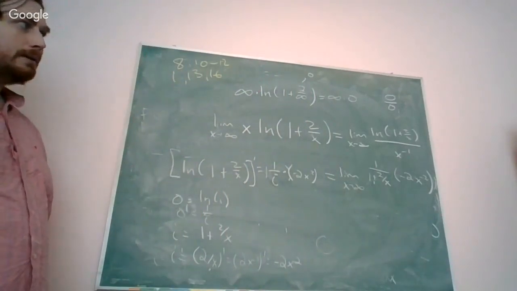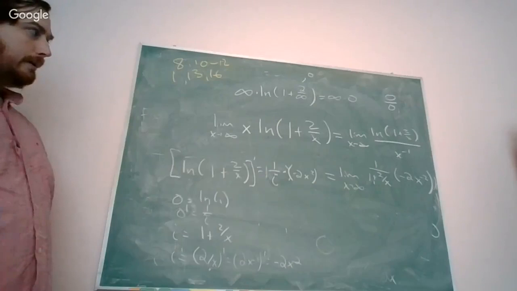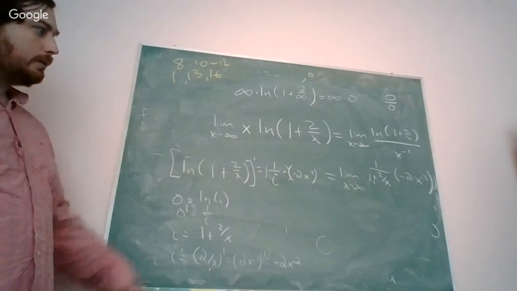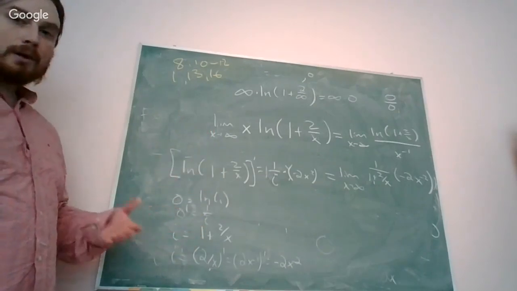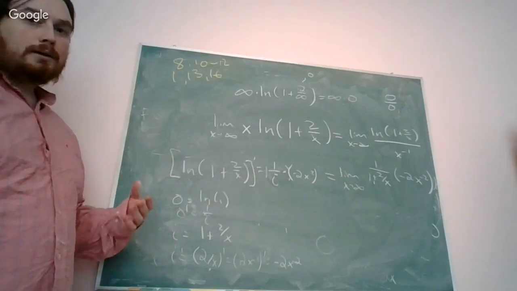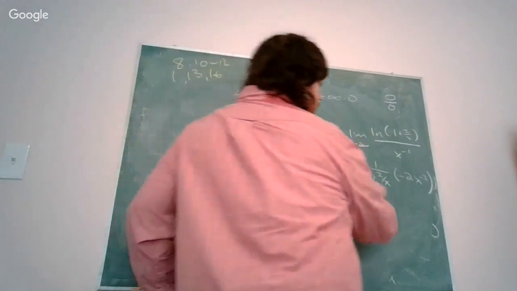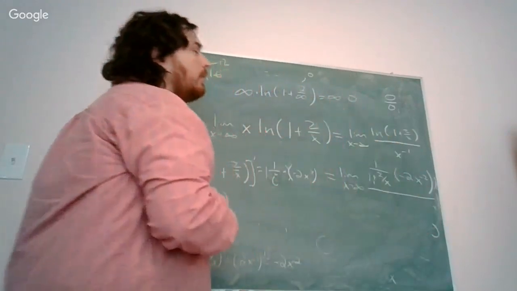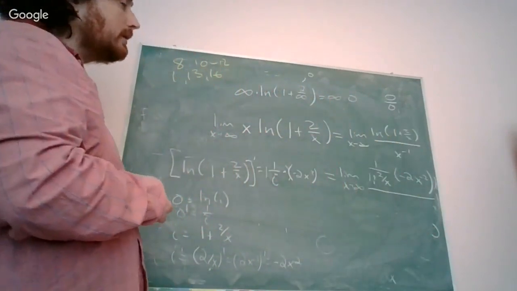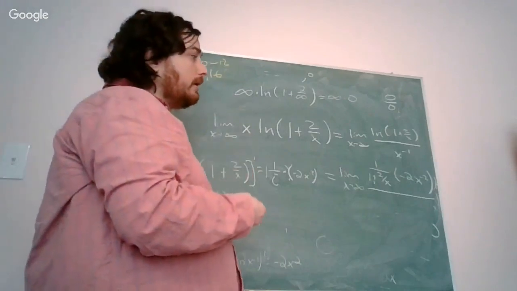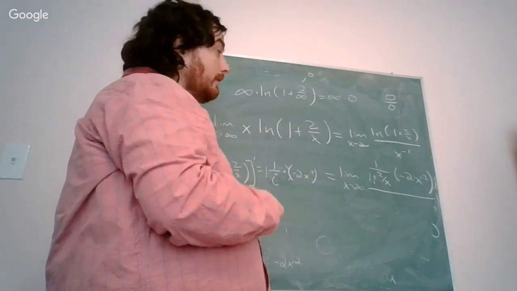So notice that wasn't a trivial derivative. We can't just write the answer down. It's worth going off to the side, doing the work, and pulling that back together so that we make sure we do it correctly. But we get the derivative there is in fact 1 over 1 plus 2 over x times negative 2x to the negative 2.